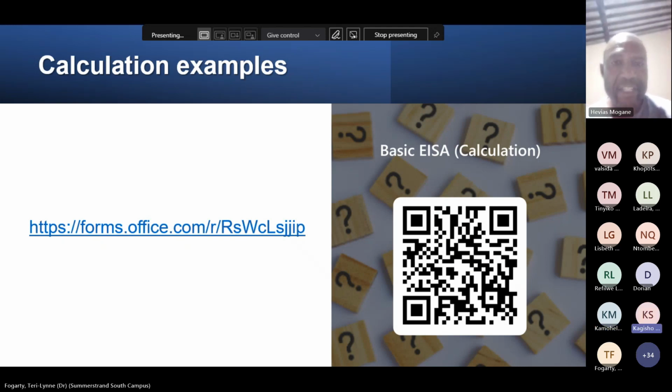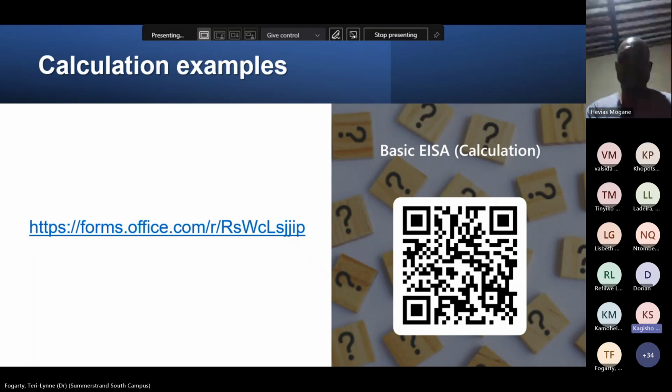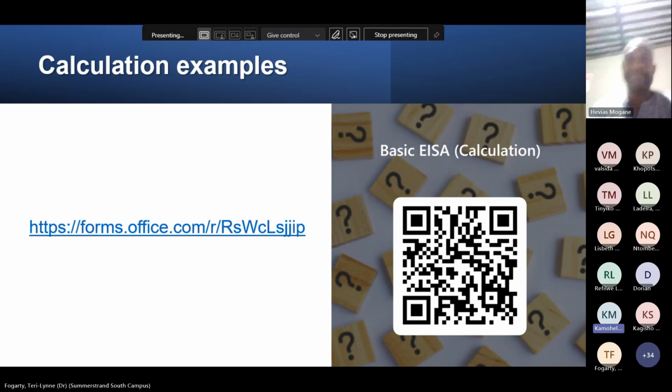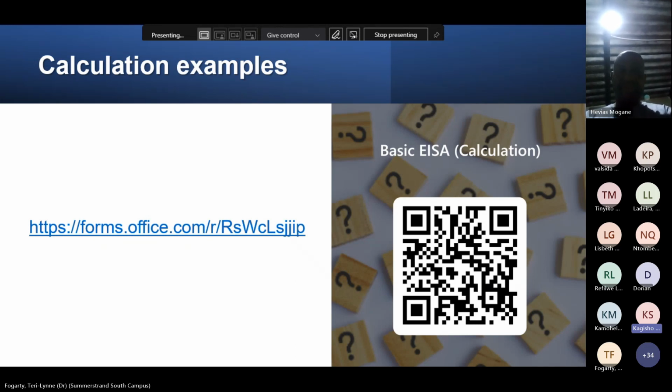Hi, sorry. I'm trying to go through the link, but I'm struggling to go on it. Is there any way that I can go through the link to do the question, because I'm struggling to log in with it? Did you use the link in the chat? Yes, I used the link, the one for the questions we are practicing at the moment. That's the one I'm struggling to log in with.